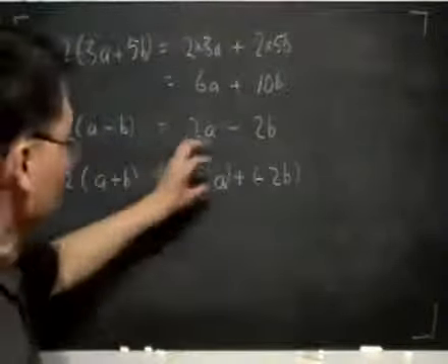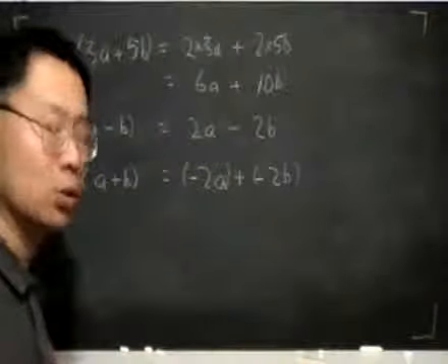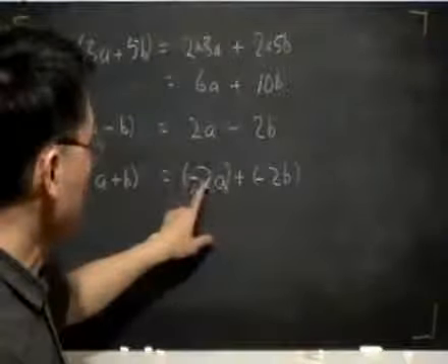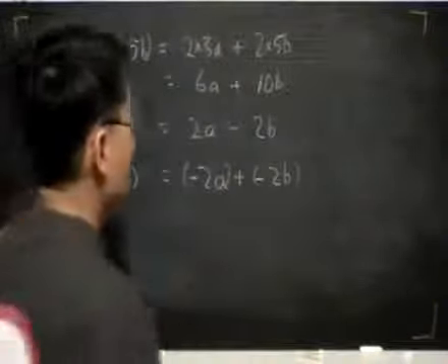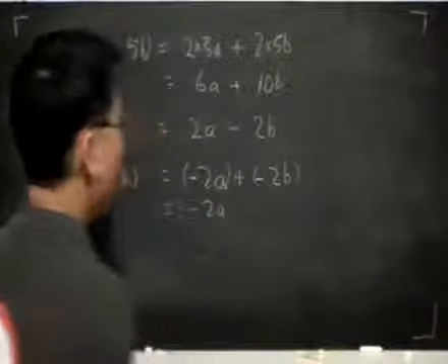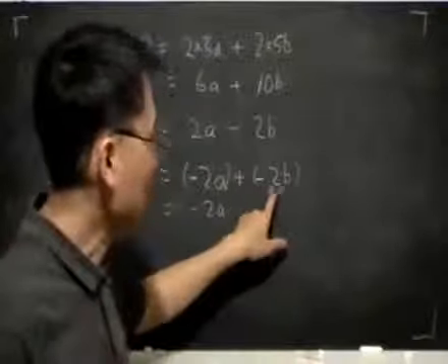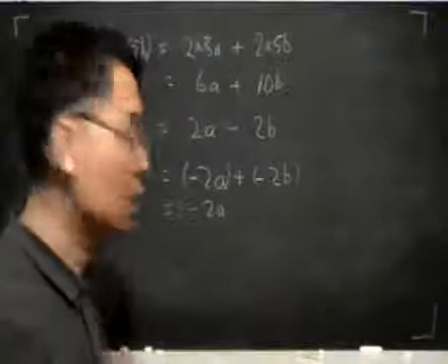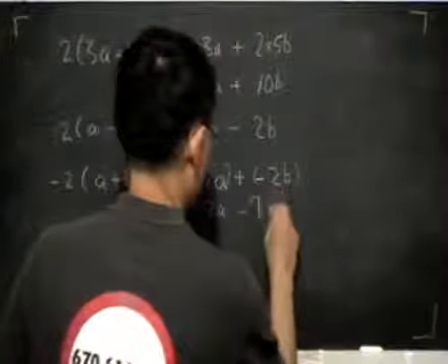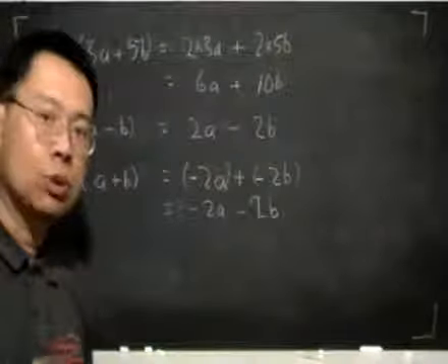I can simplify this a bit. I'm actually producing more brackets there, which is confusing. I can now say that the bracket minus 2a is just minus 2a, and plus the negative of 2b is the same as minus 2b. So notice what has happened.